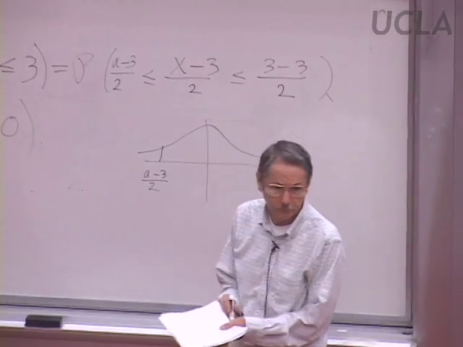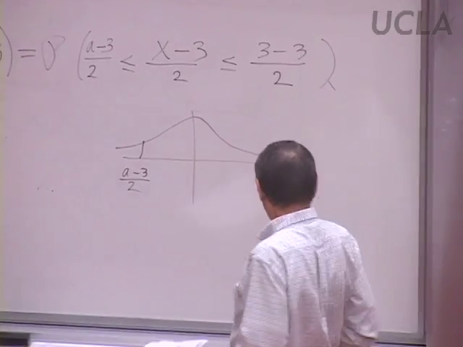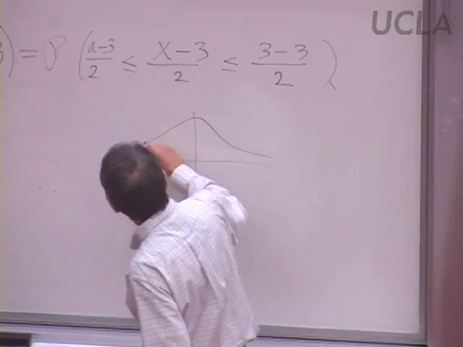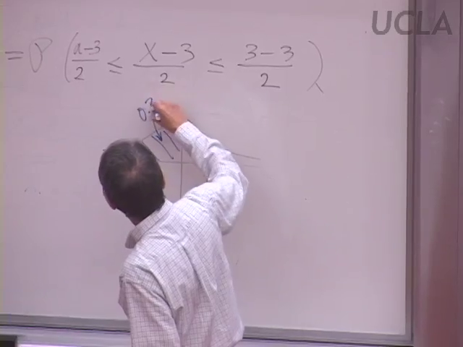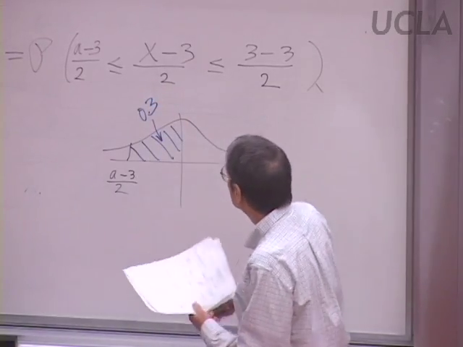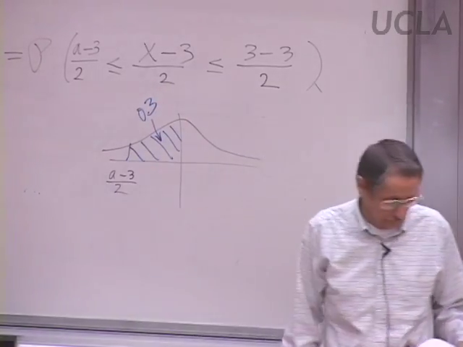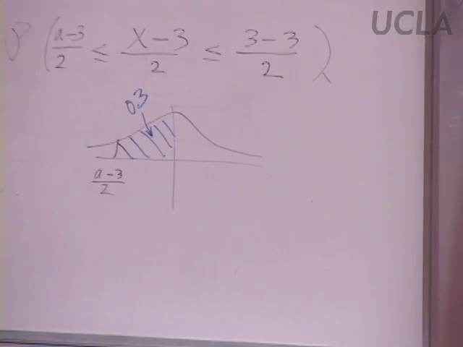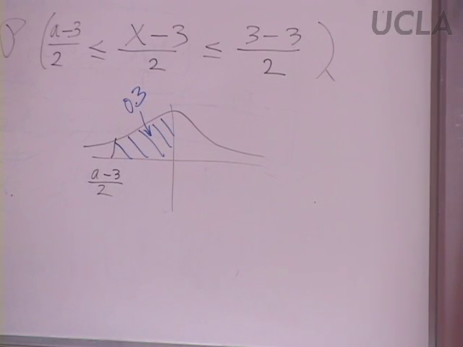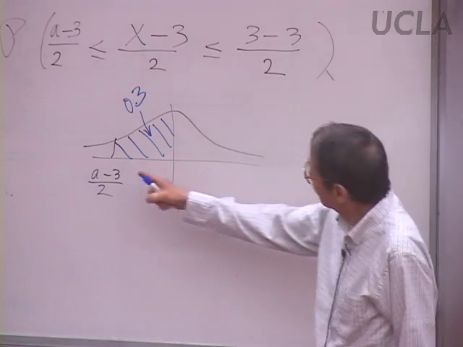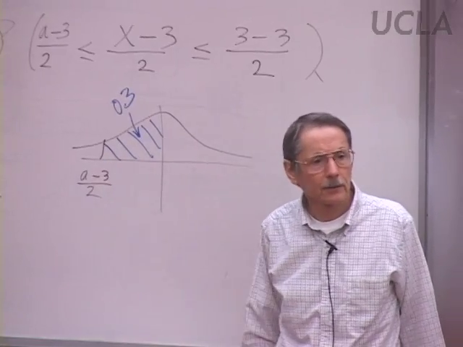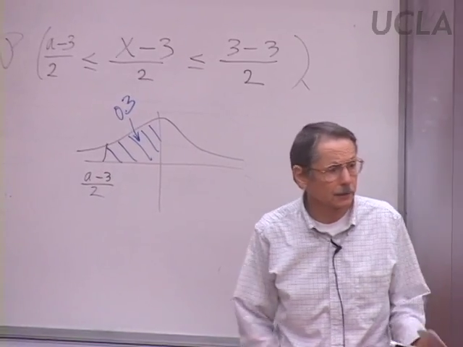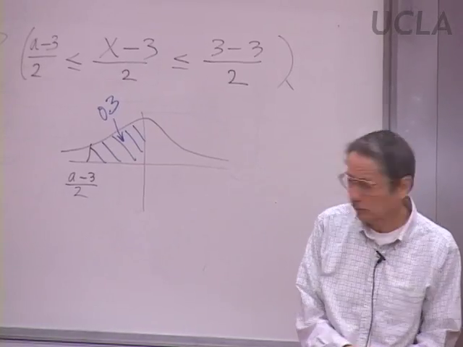It's clearly a negative number. And that 0.3 is now moved over to this area. We'd like to know what that number is. Well, it's a negative number. It'd be a little more convenient to reflect this picture in the y-axis so that we're looking at a positive number.